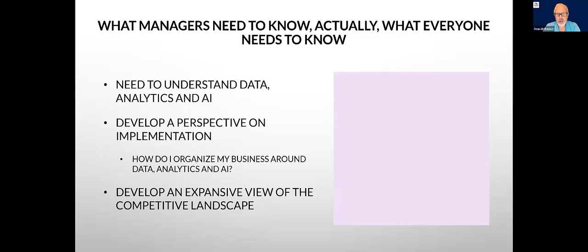And then we have to think about our business and how we can use analytics and AI to help our particular business. How do I organize my business around data analytics and AI? Because it does make you think a little bit differently. It's definitely a different setup than we've had over the past 20, 30 years. And more importantly, we have to look at the competitive landscape. What are other organizations doing, right?